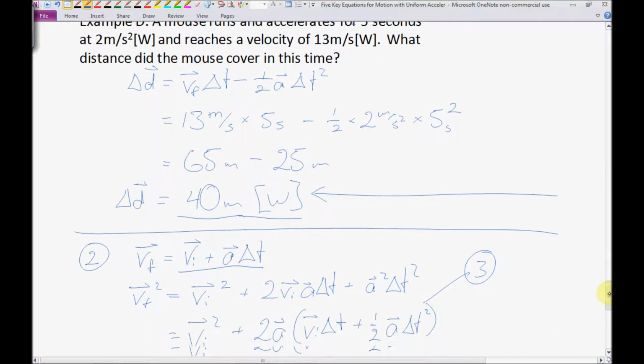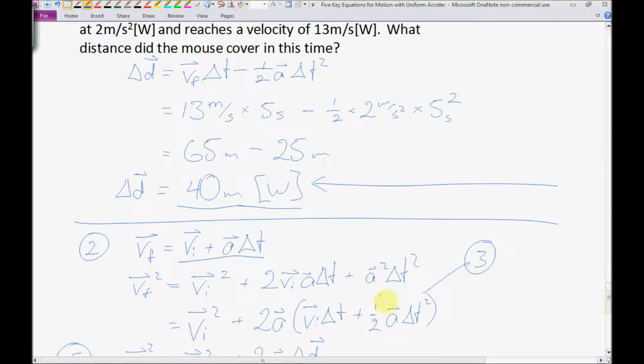Rearranging that product a little bit, we've got our Vi squared. If we factor out 2 times acceleration, take that out of the first term, we get Vi delta t. If we take it out of the second term, there was no 2 to cancel, so we'll end up with a half. We've still got 1 acceleration left over because it was squared, and we're left with our delta t squared.